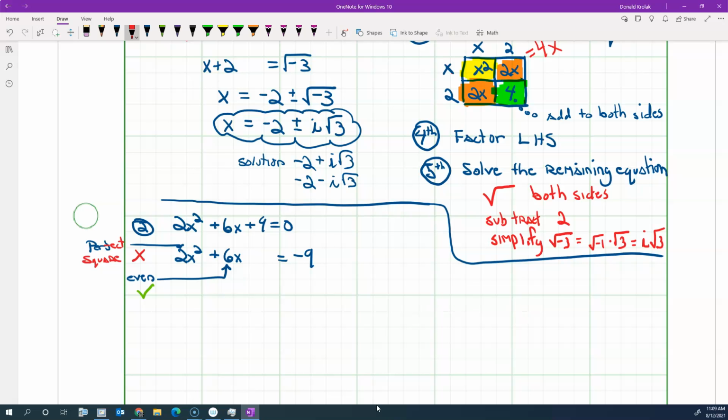All right. So what I'm going to do over here is make this a perfect square.